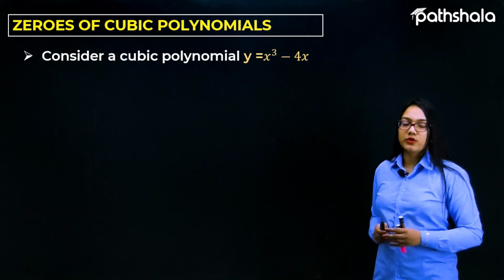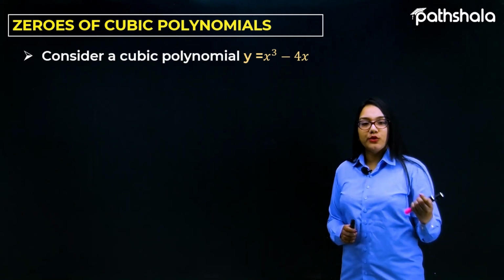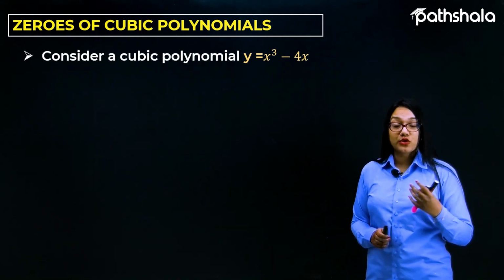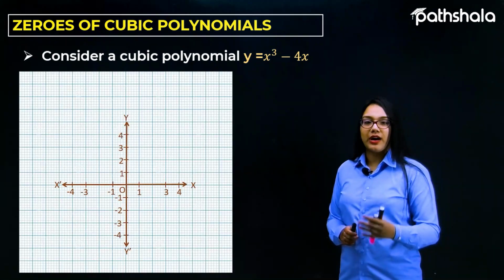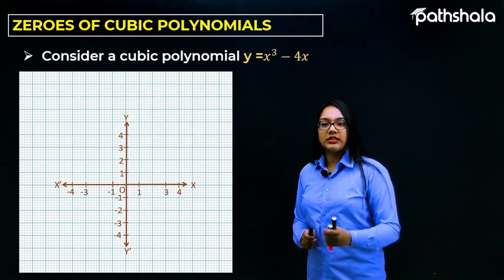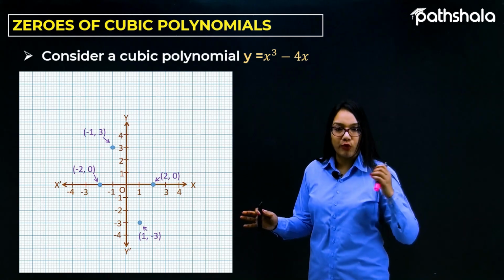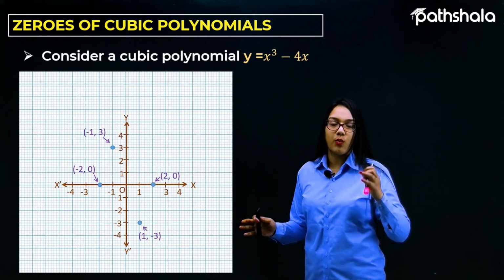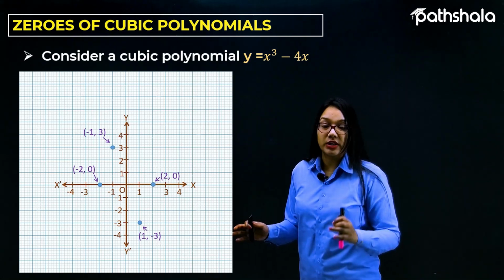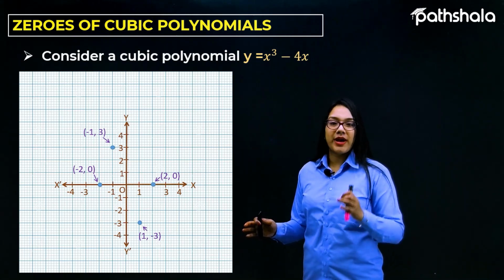or we will plot the points of this particular curve. Let us suppose we are taking values for x and we will get the values of y. Let us suppose these are those points. I have taken 4 coordinates over here: (2, 0), (1, -3), (-1, 3), and (-2, 0).